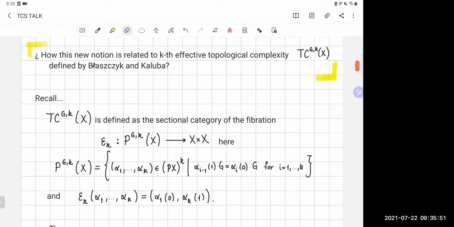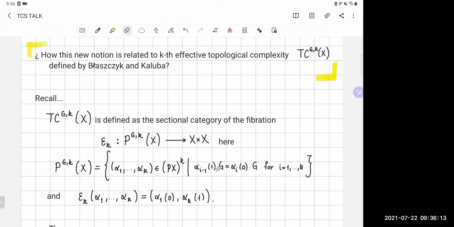So consider the space P_G^k of X that is a subset of k copies of the path space, a Cartesian product of the path space. So an element here is a k-tuple of curves satisfying this property.